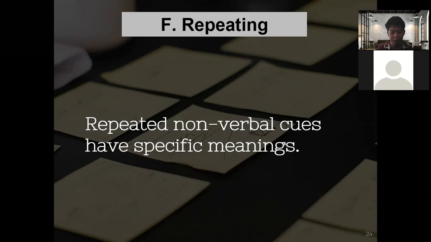So our speaker repeatedly uses the same gesture if there's an important message, or where the speaker uses gesture repeatedly since nonverbal cues are sometimes employed to accompany verbal messages.